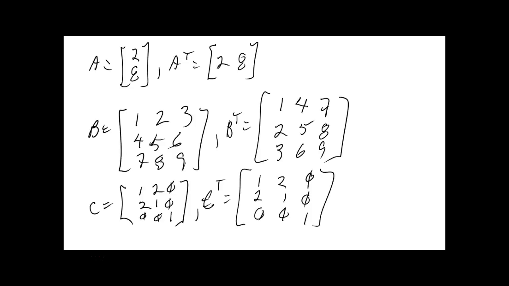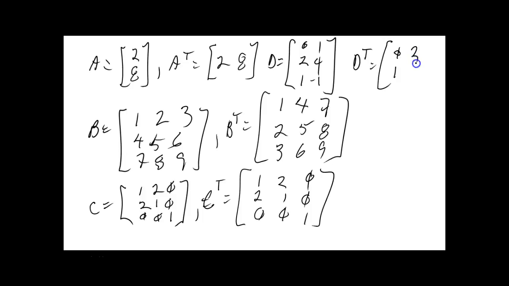Let's see if we can get D up at the top. Here's D: 0, 1, 2, 4, 1, minus 1. D transpose then would be 0, 1, 1, 2, 4, 2, 4, 1, negative 1, negative 1.